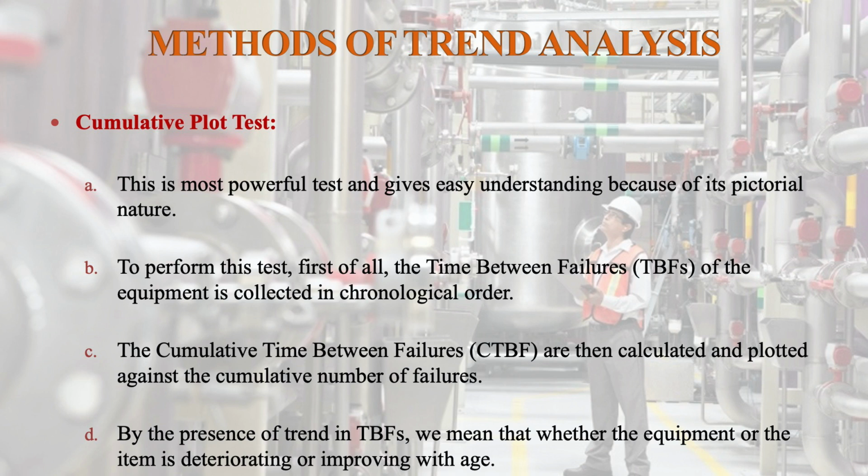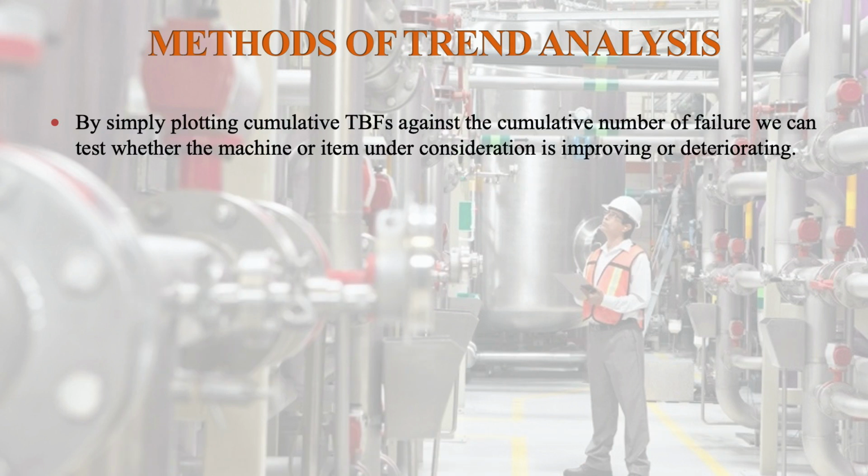By the presence of trend in times between failures, we mean whether the equipment or item is deteriorating or improving with age. By simply plotting cumulative times between failures against the cumulative number of failures, we can test whether the machine or equipment under consideration is improving or deteriorating.